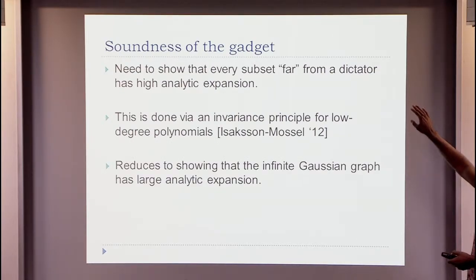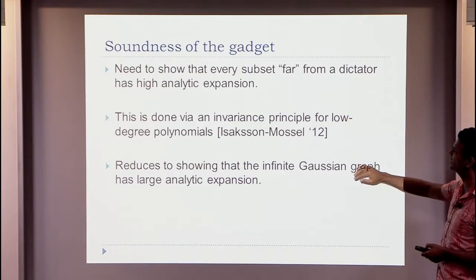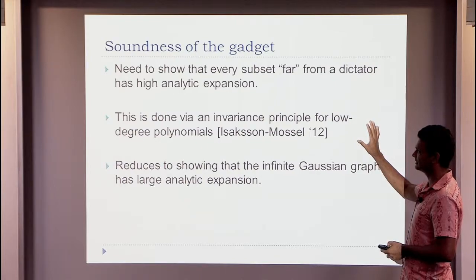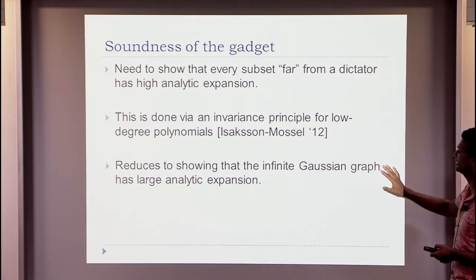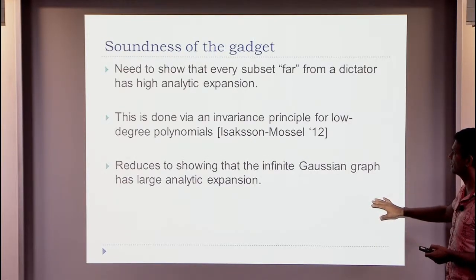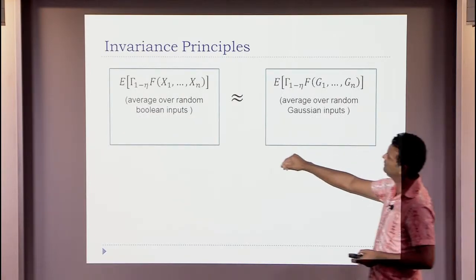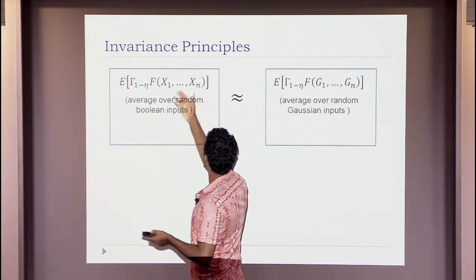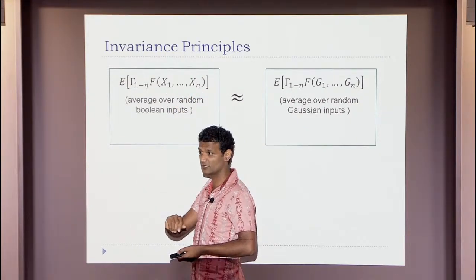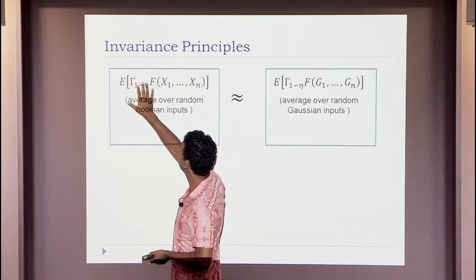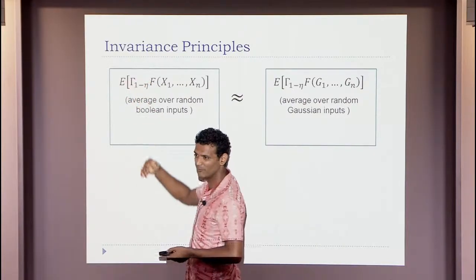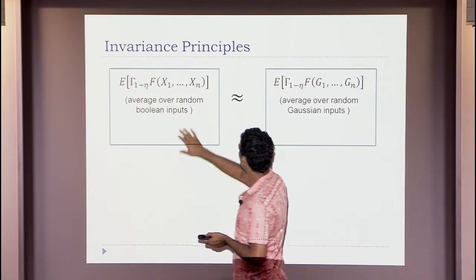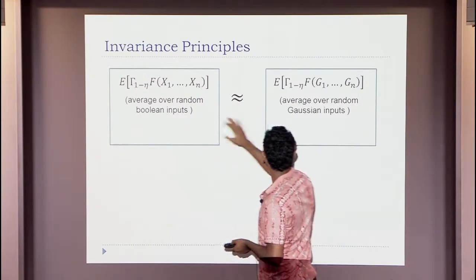You need to show every subset far from the dictator has high analytic expansion. For this, you show that in fact it's sufficient to prove it for subsets of a Gaussian graph, which we'll define in a minute. This is the function with some Boolean inputs, which is whether an edge is present or not. And this is where we are adding some noise, meaning some random edges to smooth out. But the key step here is that you're replacing Boolean with Gaussian.